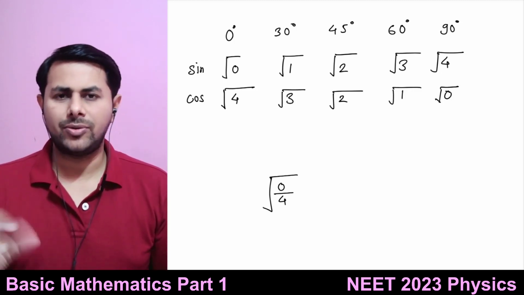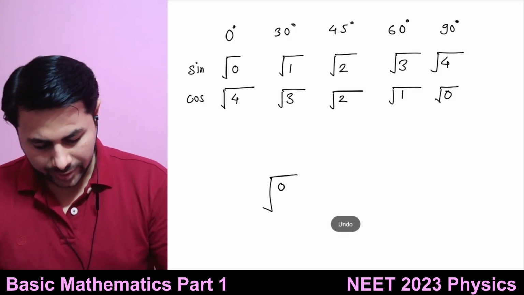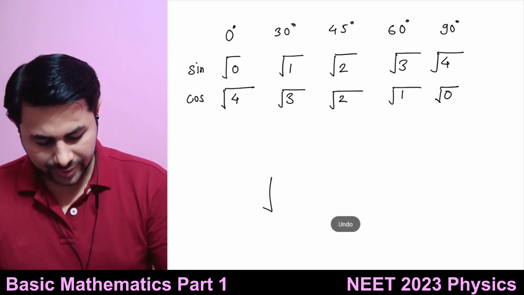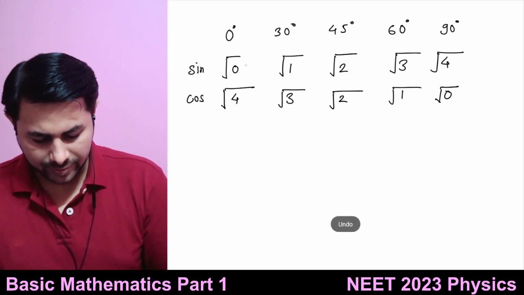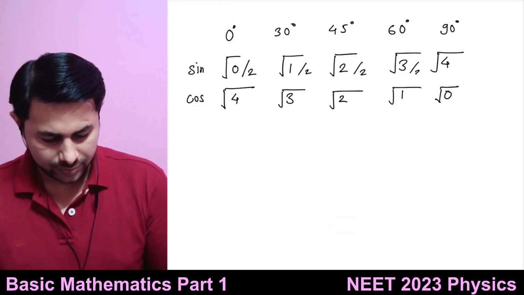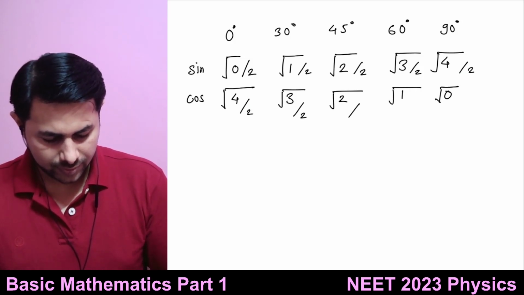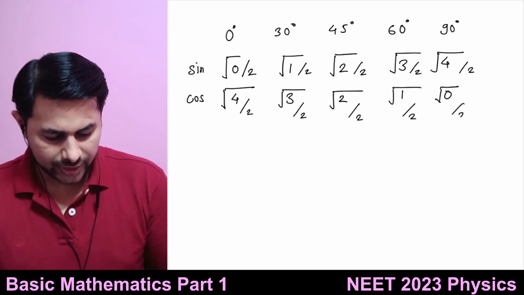If I take the square root of 4, what will that be? It's 2. So we divide all of these by 2. So you got the trick.